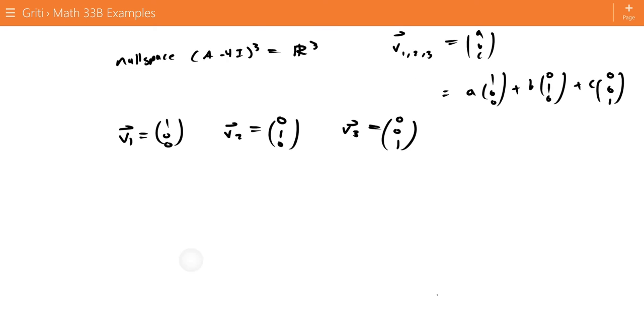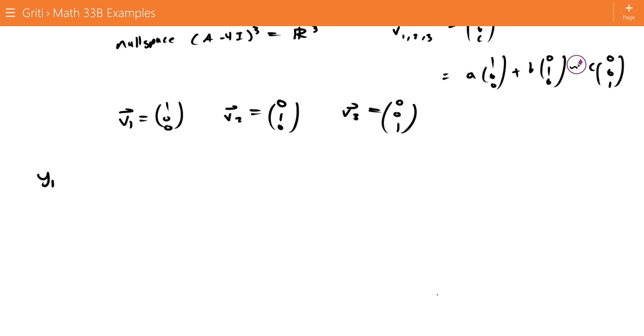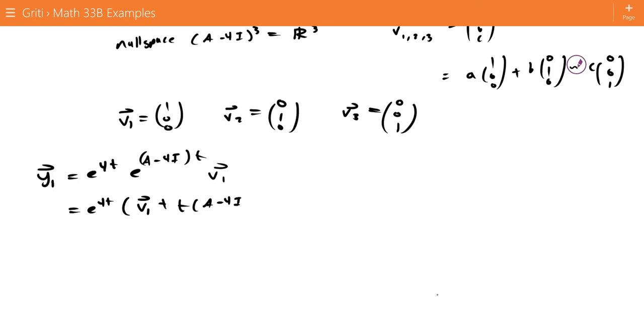So that means that we can write Y1 as e to the 4t times e to the (A minus 4I) t times V1, and that's going to equal e to the 4t times V1 plus t (A minus 4I) V1 plus t squared over 2 factorial (A minus 4I) squared V1.